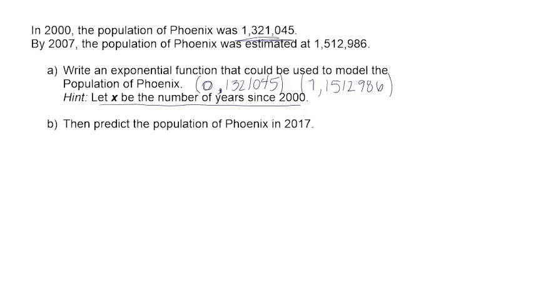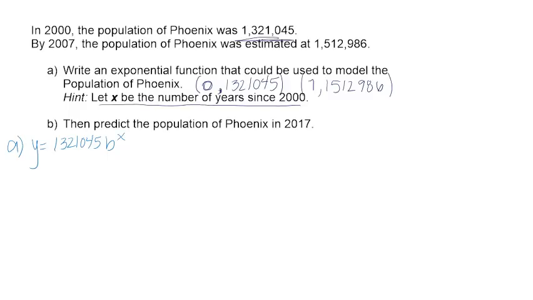Okay? Now, when we go ahead and write the equation for this, we're going to use the same process as last time. There's just bigger numbers, so you're really going to need a calculator for this one. So for part A, I'd have y is equal to my starting value. Okay, so my a value would be 1,321,045 times b to the x power.